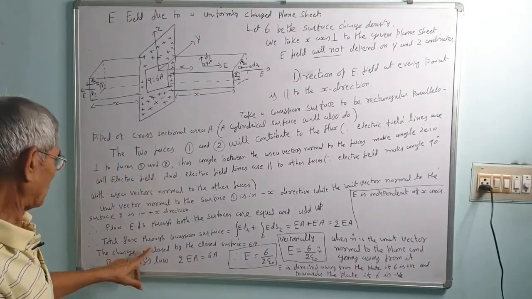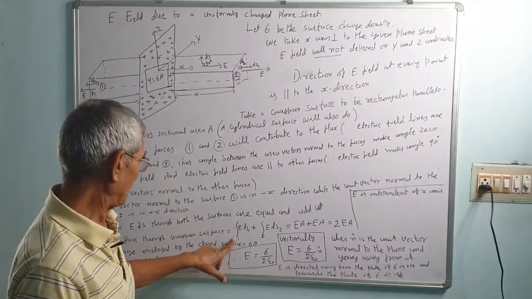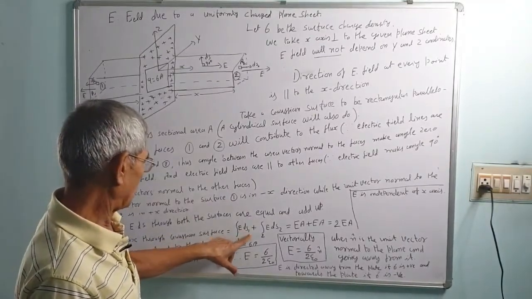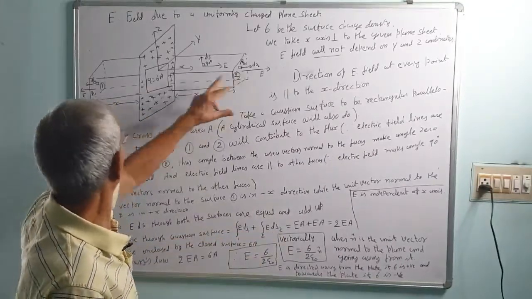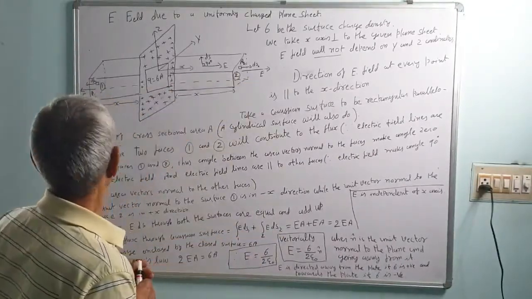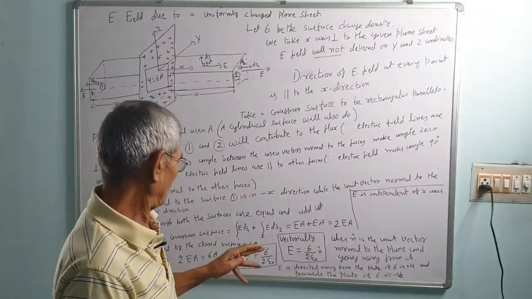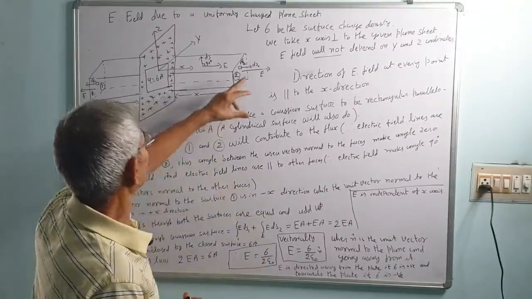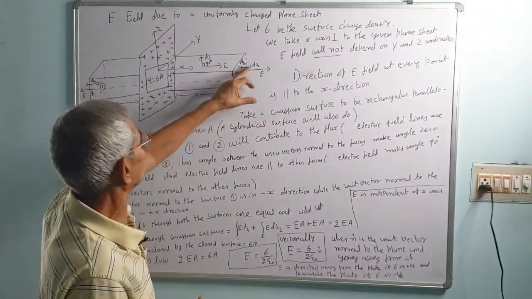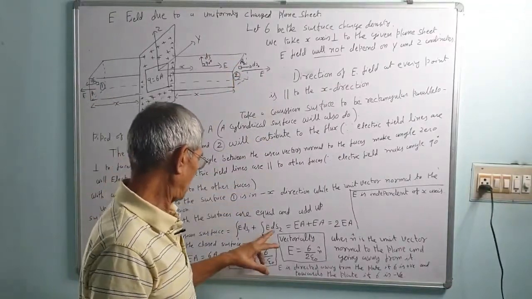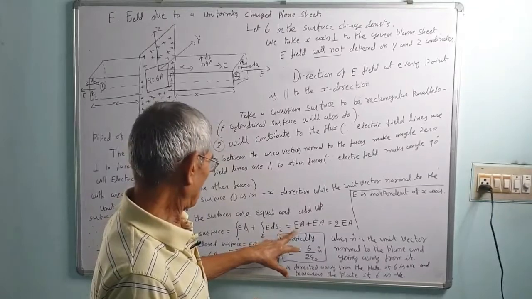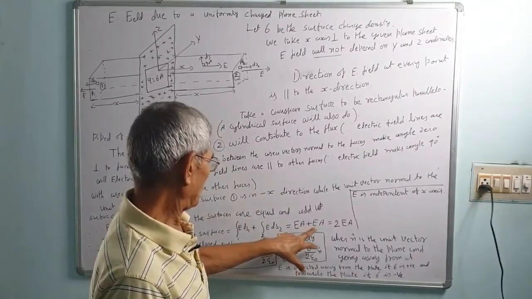The total flux through the Gaussian surface is E·dS1 plus E·dS2. This is dS1 and this is dS2, the small surface area vectors.